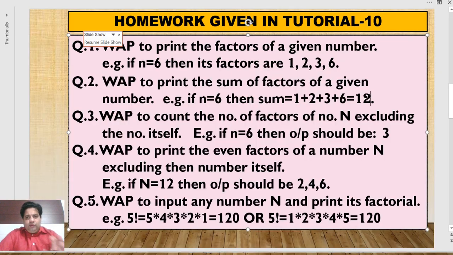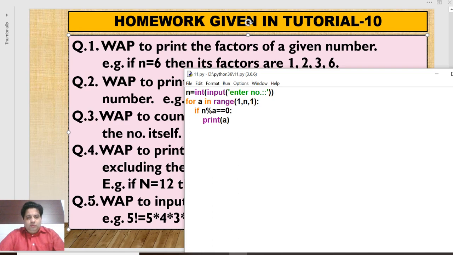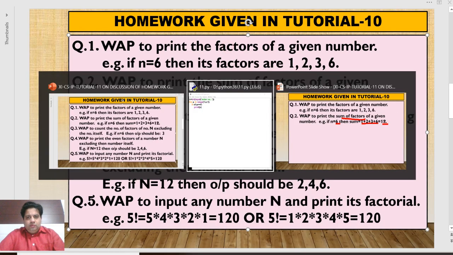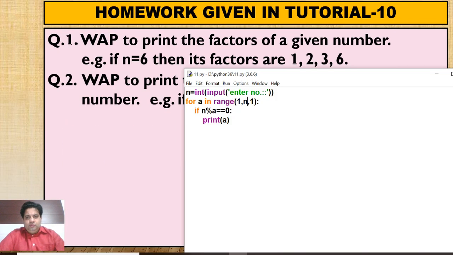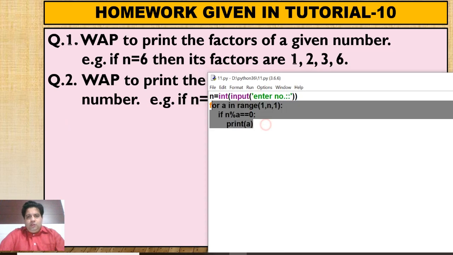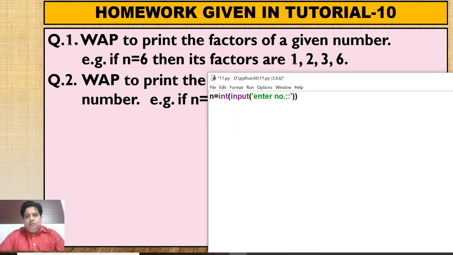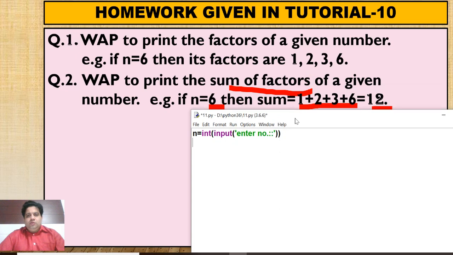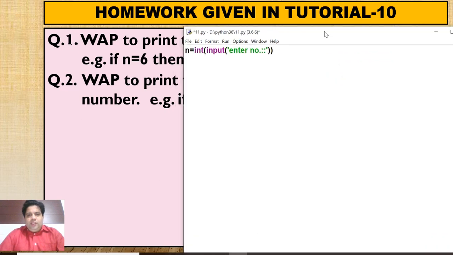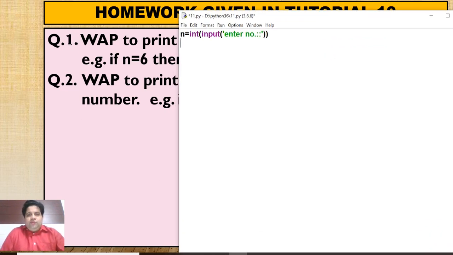Now what do you have to do? First of all, take the number from the user. Take the input of number from the user. Okay. Now second thing, you have to find the sum.